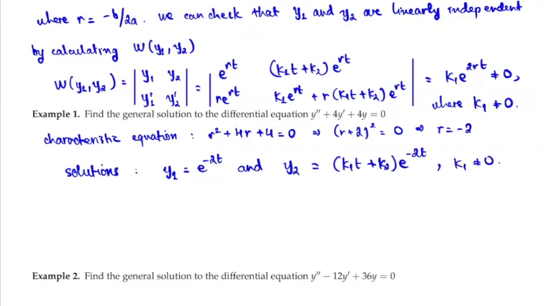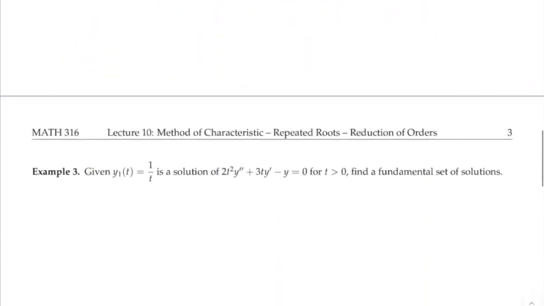So for this type of problem, you get a second-order differential equation, and the characteristic equation gives you a repeated root. You don't have to follow the procedure again. Just write out the solutions of y1 and y2, and you get to the general solution. Later, when we encounter example 3 and example 4, we have linear homogeneous second-order differential equations with non-constant coefficients.